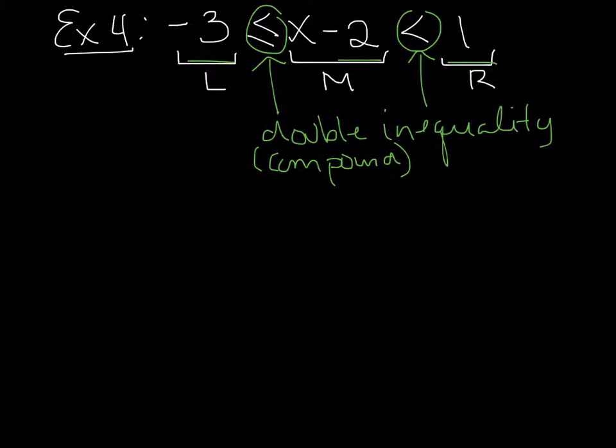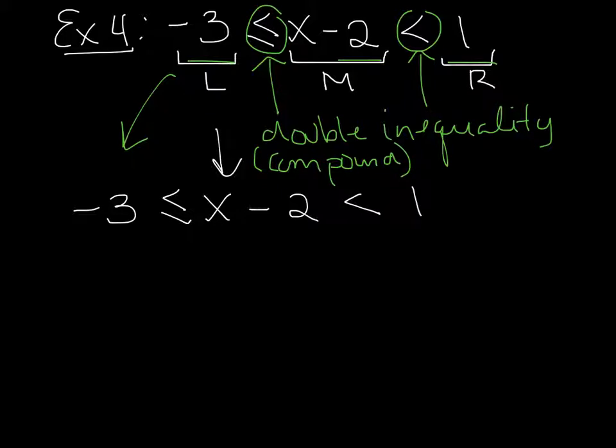So let's solve this inequality. Let me just rewrite this again. It has 3 parts, and we want to solve for x. To isolate x, I want this -2 to be a 0, so I'm going to add the opposite.